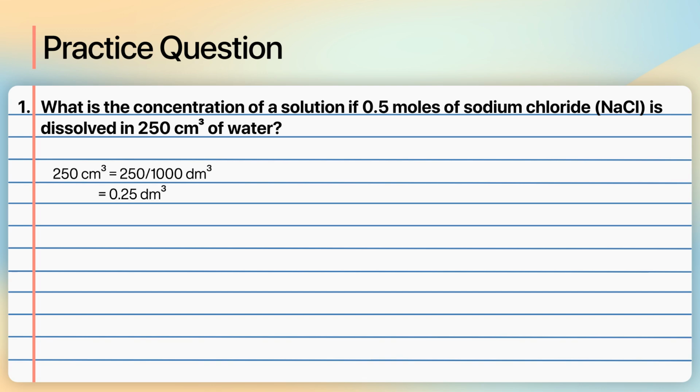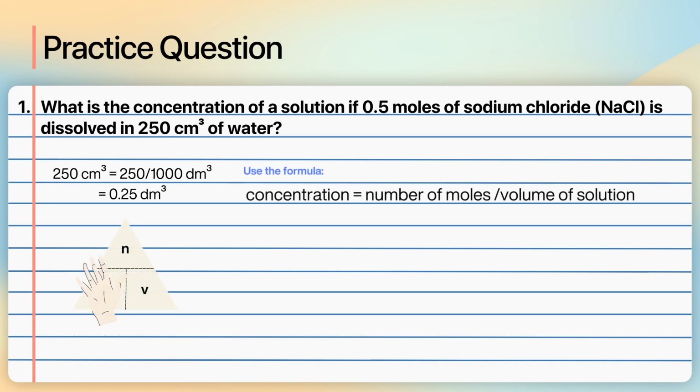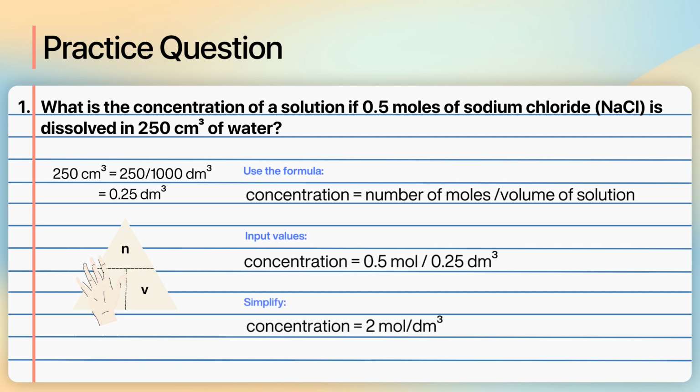Since 1,000 centimeters cubed is 1 decimeter cubed, 250 centimeters cubed is 0.25 decimeters cubed. Like the previous example, we know that concentration is number of moles divided by volume, so let's plug in the values. 0.5 divided by 0.25 gives us a concentration of 2 moles per decimeter cubed for this solution of sodium chloride.